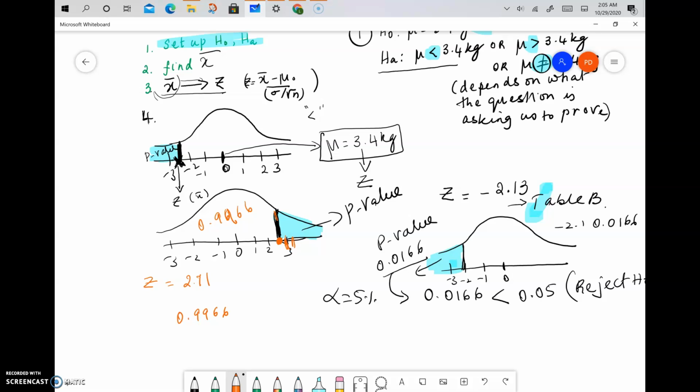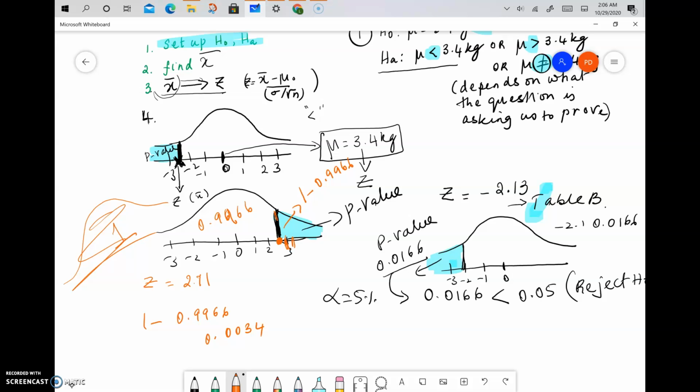However, if you want to get the area to the right, then since the total area is 1, we subtract 0.9966 from 1. So that would be equal to 0.0034. The reason why we subtracted the table entry, which is the area to the left, from 1 is because we wanted the area to the right. Remember that the total area under the curve is always equal to 1.